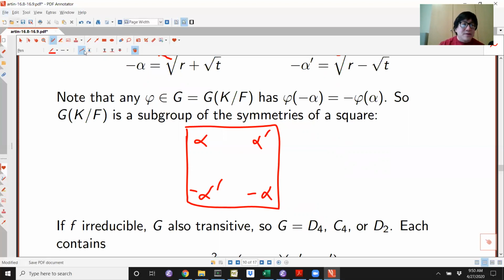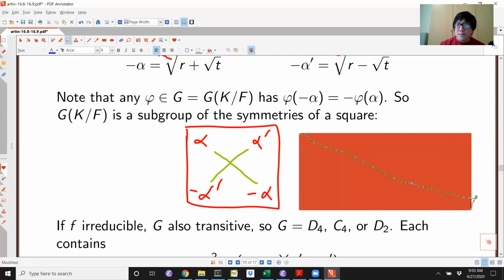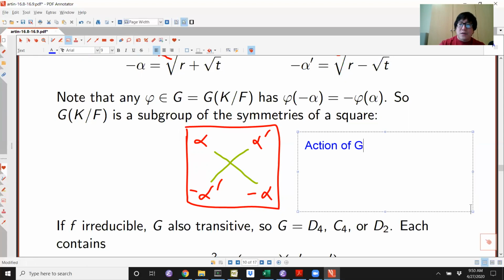Let me draw on the diagonals in a different color. Right, so whatever the action of G must preserve these green diagonals. Action of G preserves the green quote diagonals, which is just something we sort of made up here.